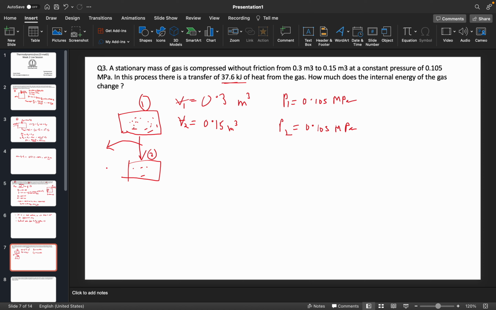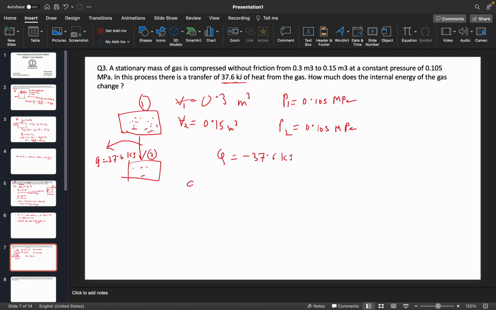That means from the gas to the surrounding, it went outside. So Q is equal to minus 37.6 kilojoule. Now you have to calculate the internal energy change of the gas.